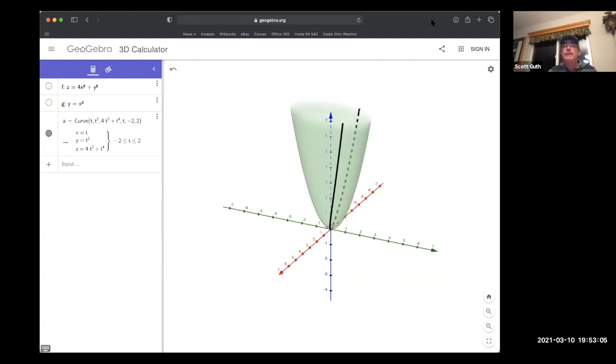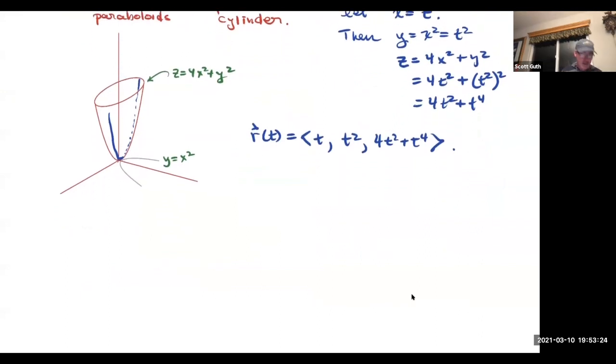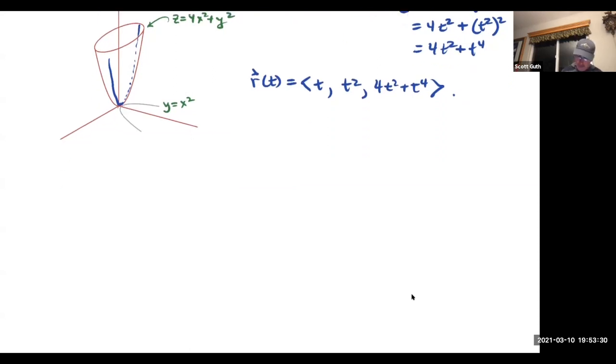All right, back to the notes. Let's do some two-dimensional cases.